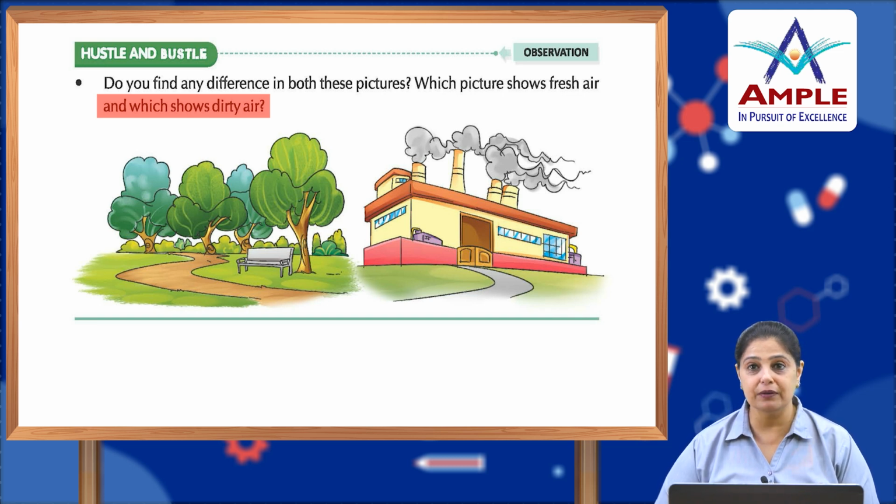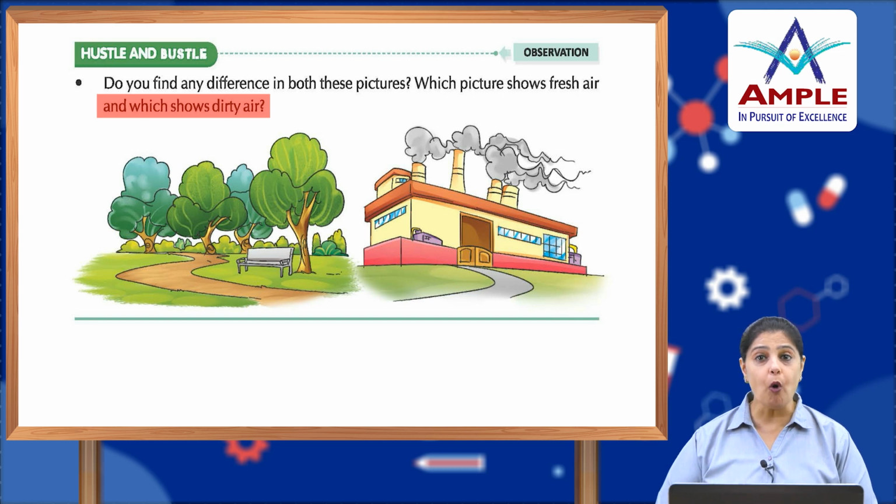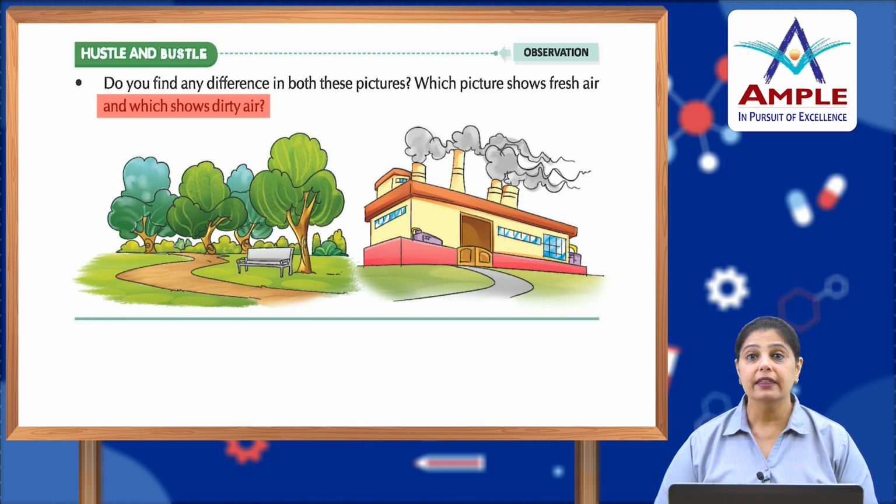Whereas the factory with all these fumes, the smoke coming out of the chimneys, is hazardous. It is not good for our health, and that is why it pollutes the air with the dirty air that it fumes out.